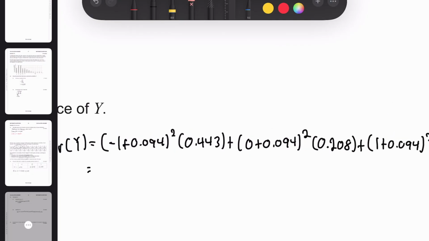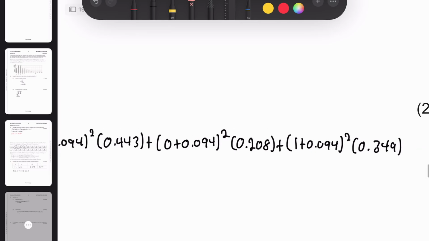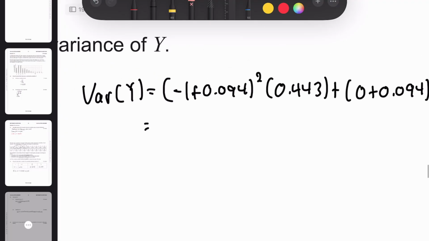So putting this in a calculator, we get 0.7832 dollars squared. That's a bit weird, but yeah.